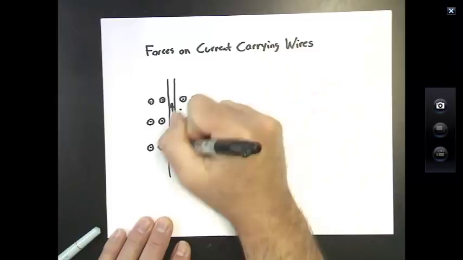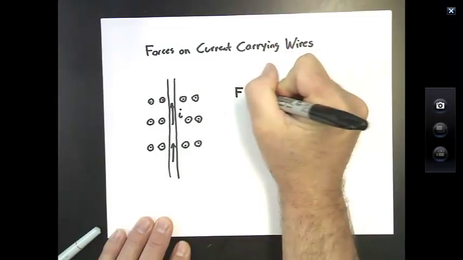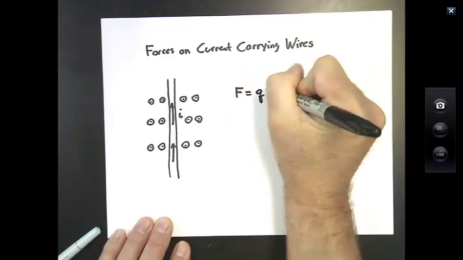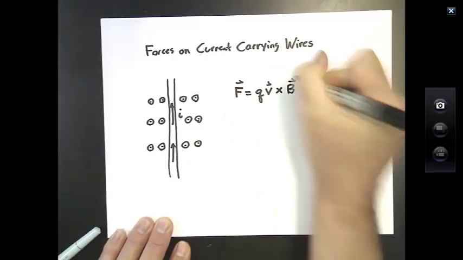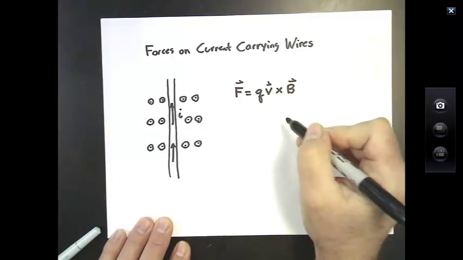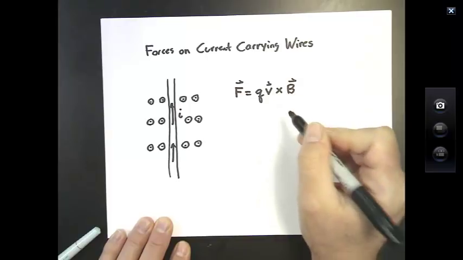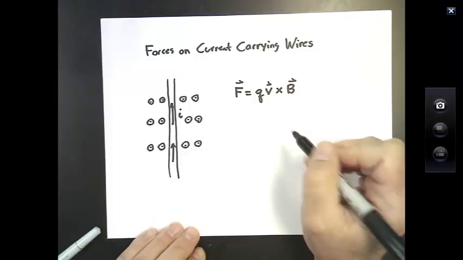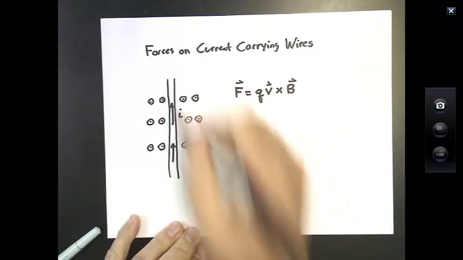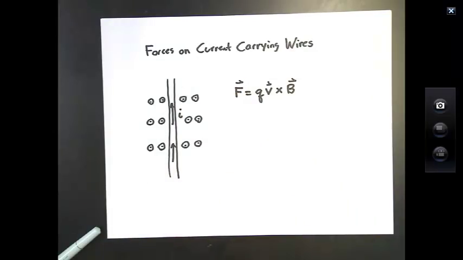We know that a single charge in a magnetic field feels the force F equals qv cross B, where v is the velocity of the charged object, q is its charge, and B is the magnetic field. It's a cross product. With positive charges moving this way, using the right-hand rule, we can figure out the direction of the force.